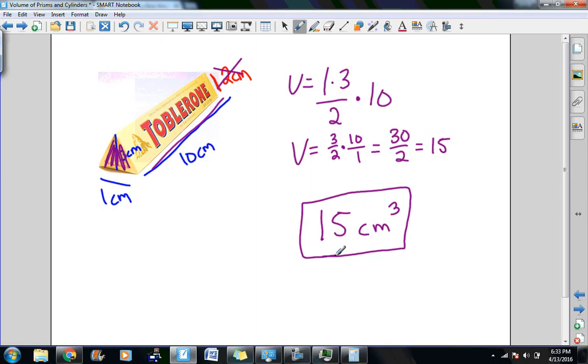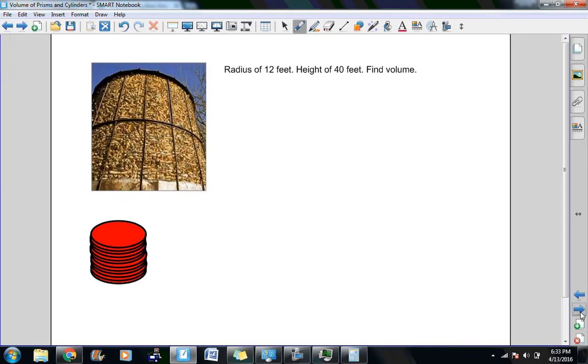And one last shape that we're going to work with today is a cylinder or a silo. And imagine this silo, once again, like we talked about, coasters on a table. So we need to find the area of one of the circles, and we are then going to multiply that times the height of the silo.